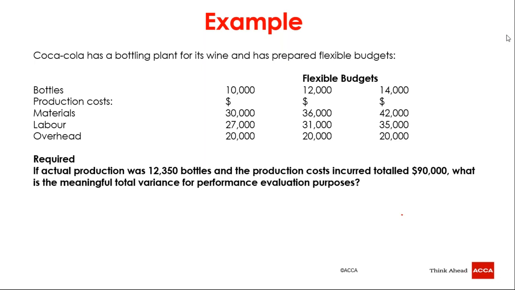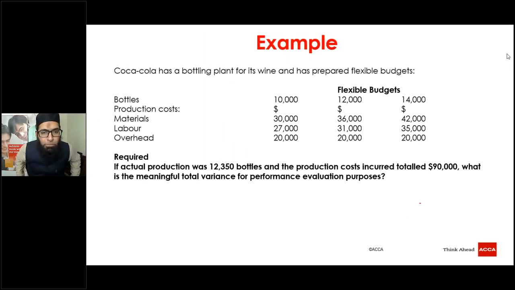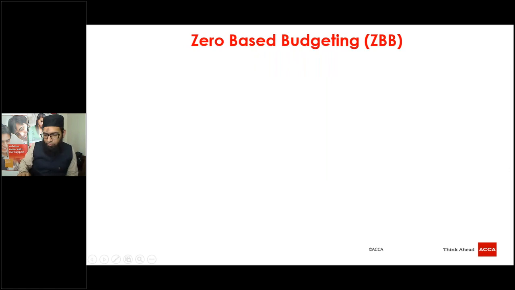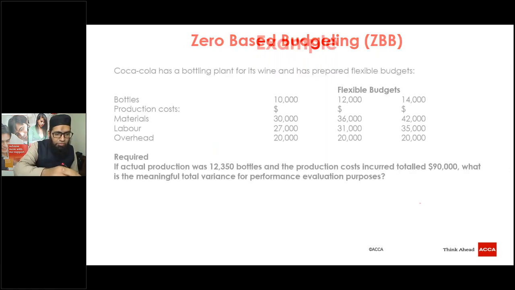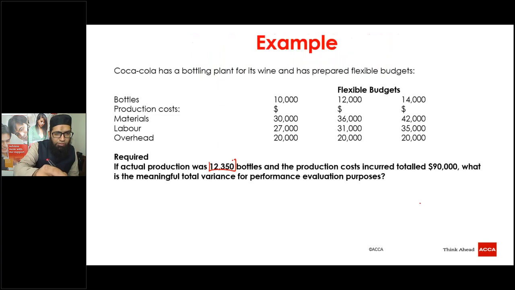So I hope you have read the information by now. Let's prepare the flexible budget at an activity level of 12,350. Okay. So we will prepare the budget using the cost behaviors.